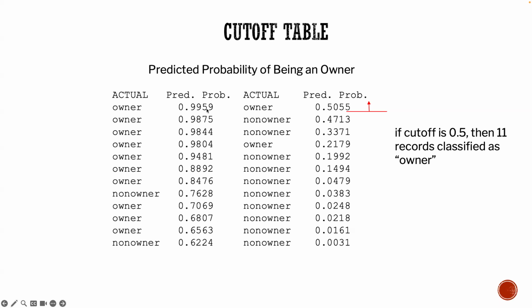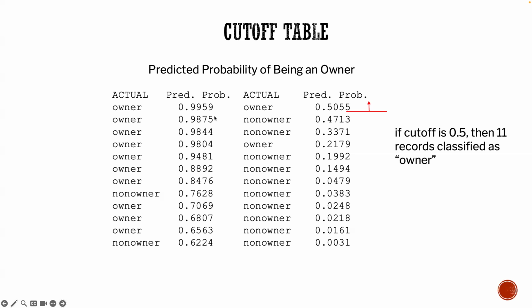So 0.9959, the first one, we are 99% sure that it's an owner, 98.75%, and so on and so forth. Now, when we use the cutoff of 50%, anything above this value we are going to consider as owners, especially the ones which are owners and we have correctly identified them as owners. It tells us how well we have done.